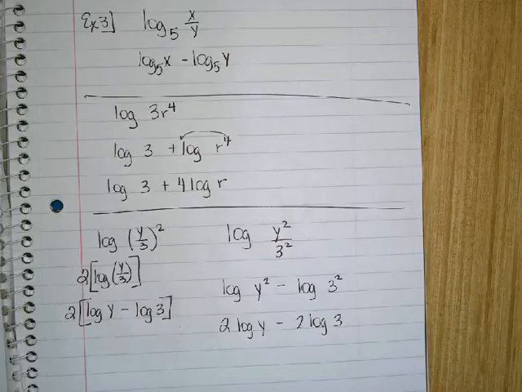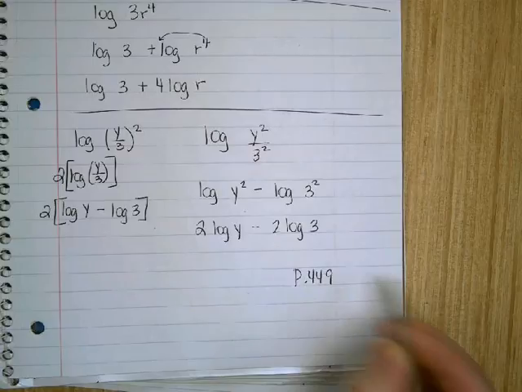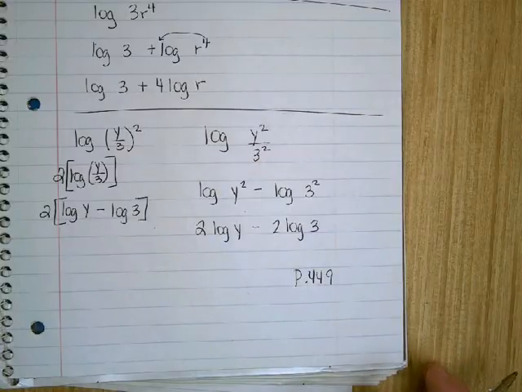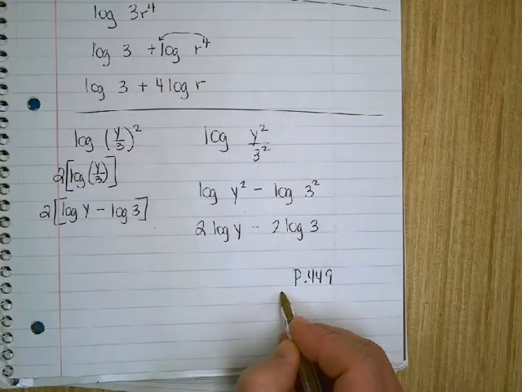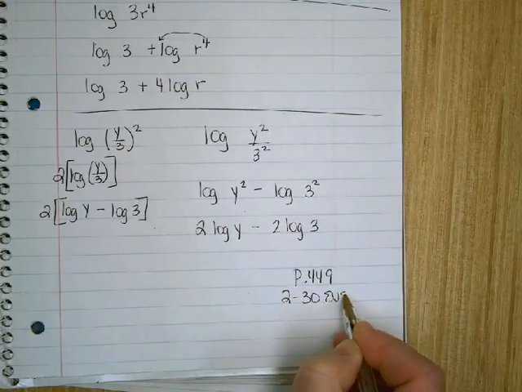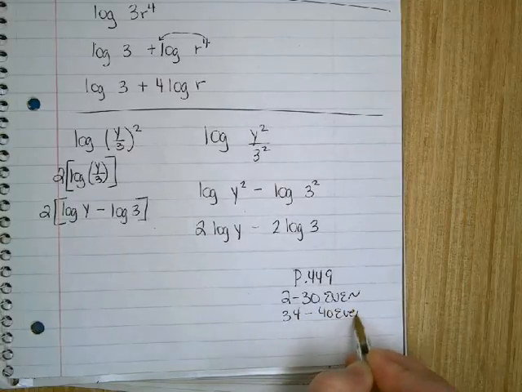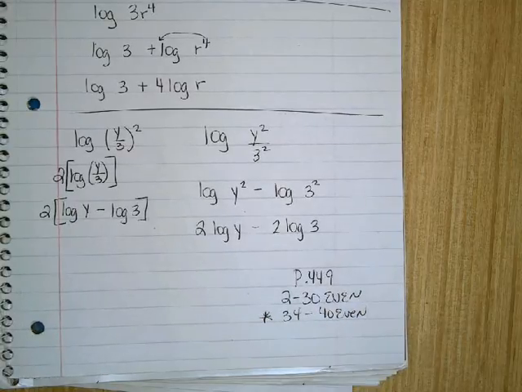Okay. Page 449. 2 through 30 even, and 34 through 40 even. Now, on 34 through 40, when you get down to the bottom, they want you to go on and find the answer. Okay?